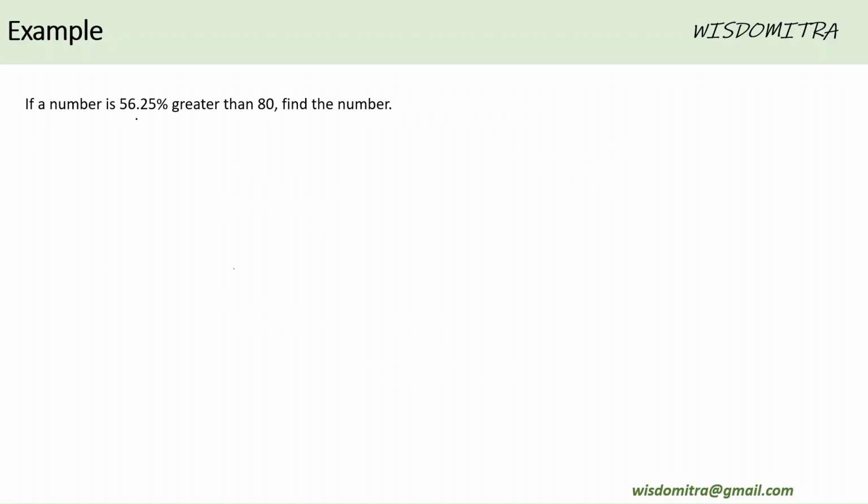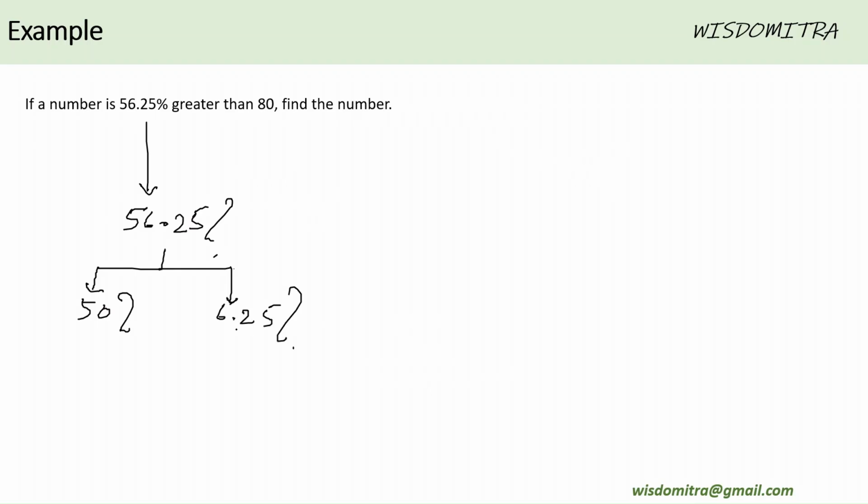If a number is 56.25% greater than 80, find that number. So we can, you know, break this 56.25 into two parts, right? It is nothing but 50% and 6.25%. So if you remember, now the number is 80, and the 50% and 6.25% increase in that 80 is supposed to be calculated.